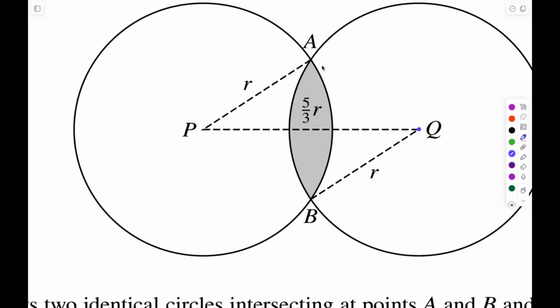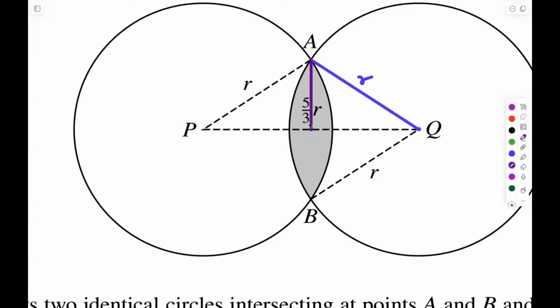Now, to find the arc length, we'll first have to find one of the angles. So if I make a line from A to Q, this length will also be r. To find this angle, we can apply the cosine rule, as we already have these two lengths as r and r, and the length of PQ is 5 upon 3 r. Or we can make a straight line from A to the line PQ.